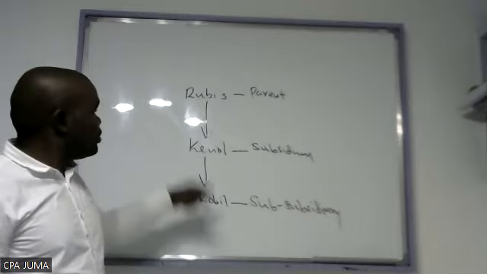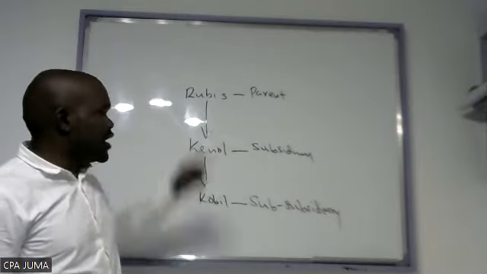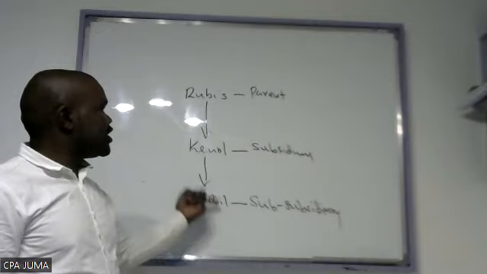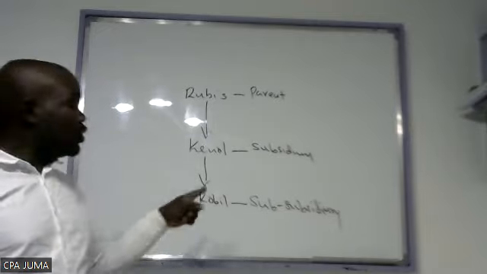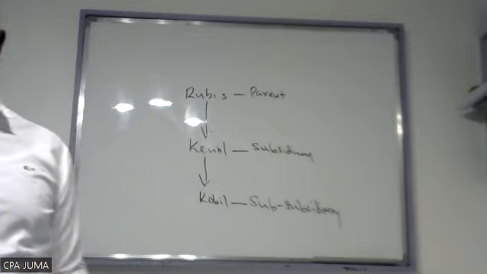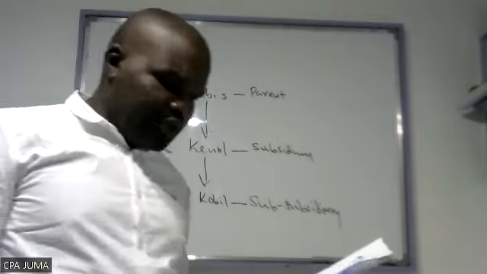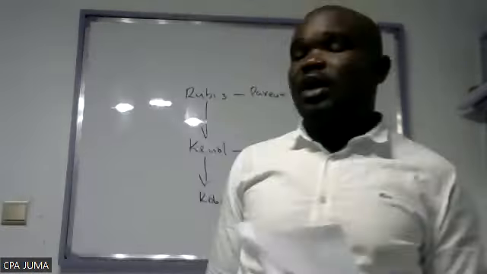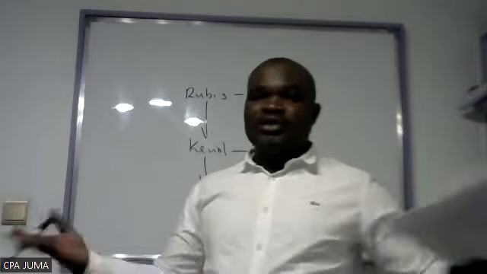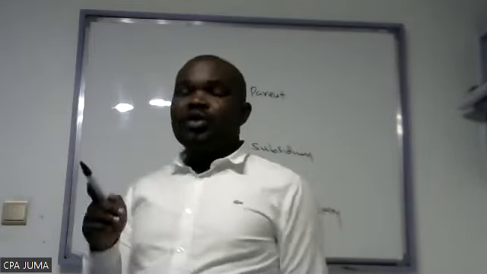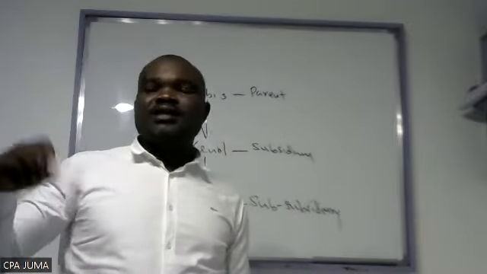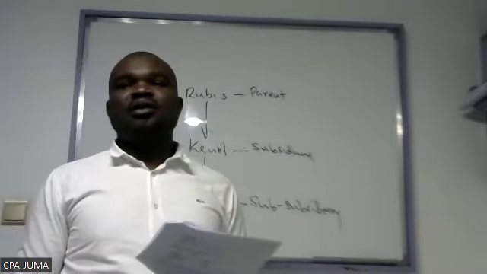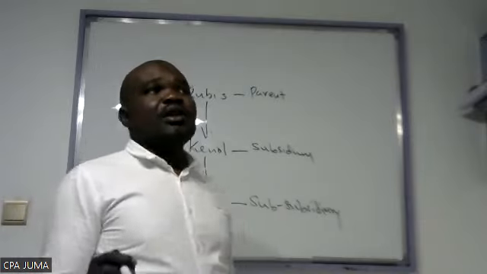So in this group, Kenol is the subsidiary, but Kobil is a subsidiary of Kenol. So Kobil is a sub-subsidiary. Maybe something which has not been mentioned there, which you can put in a structured way: during consolidation, a sub-subsidiary is also treated as a subsidiary. Get that?